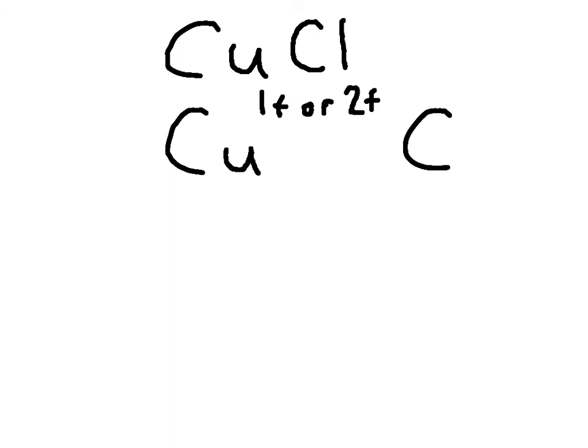Copper is one of these multivalent metals. And if you look at the periodic table, copper could be a 1 plus, or it could have a 2 plus charge. So there are 2 versions of copper. There's copper 1 and copper 2. Chlorine has a 1 charge, always.